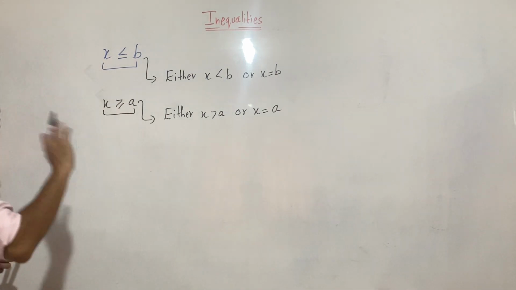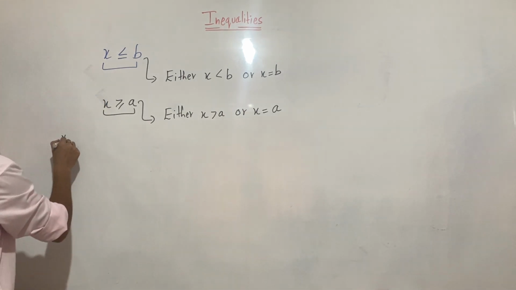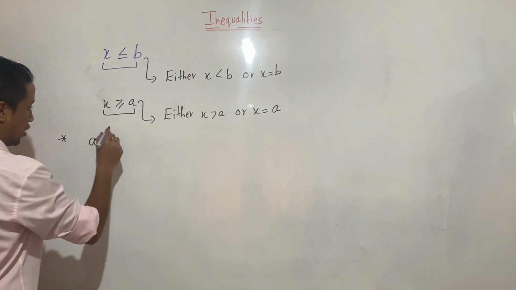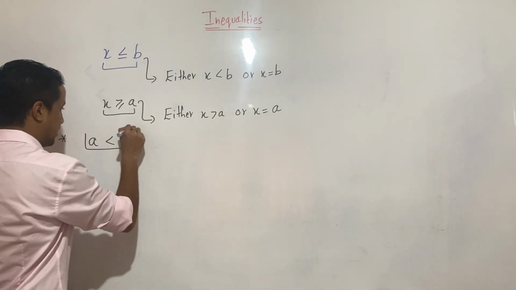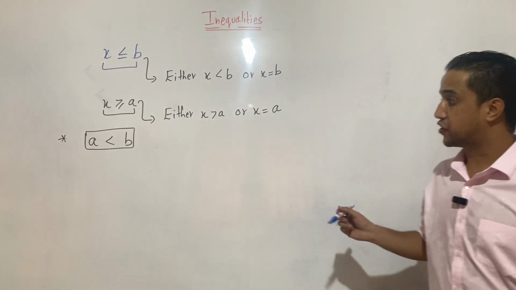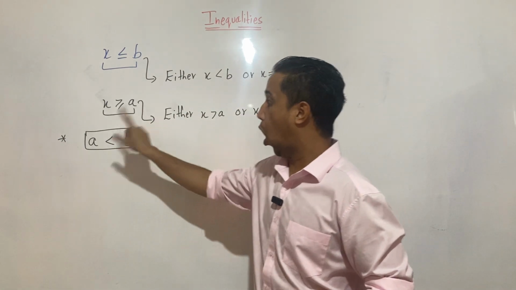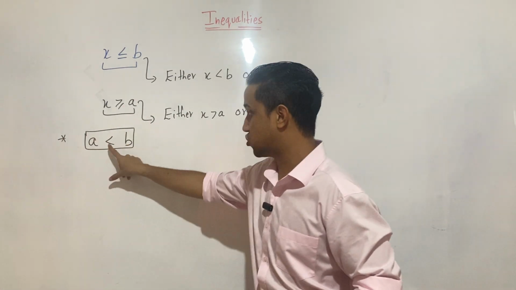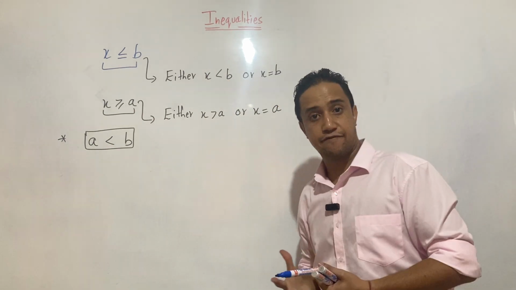Now, let's say you are given the inequality a is less than b. If you increase or decrease the values on either side of this inequality, it won't affect the sign.